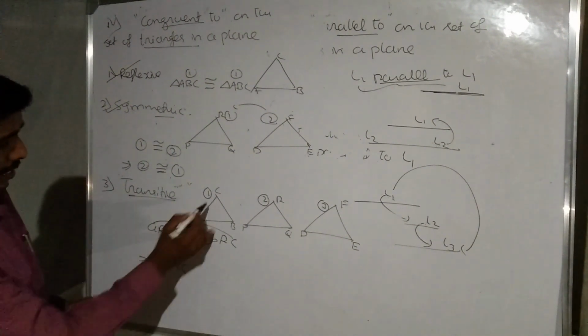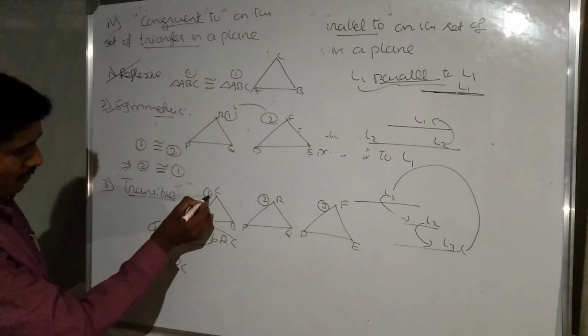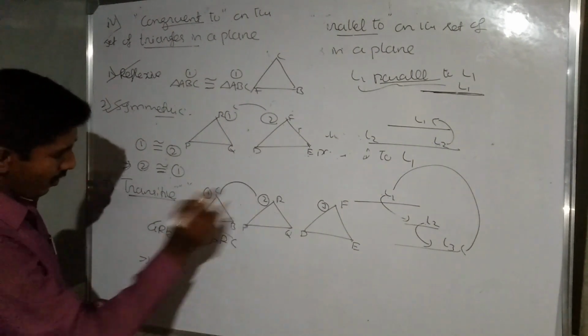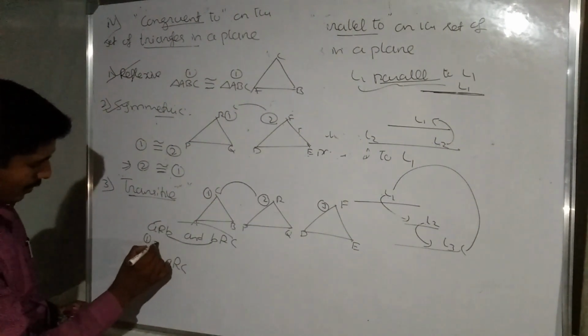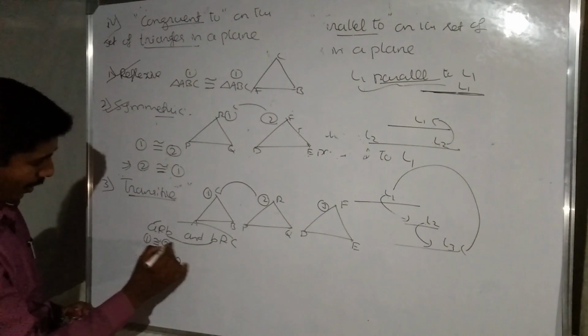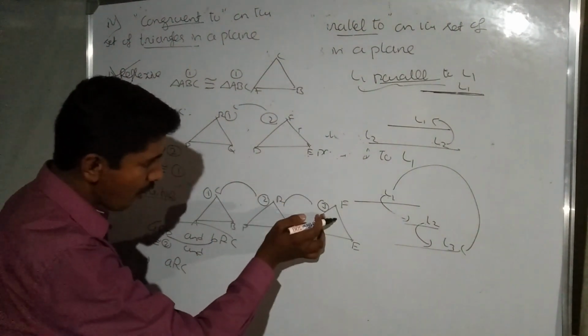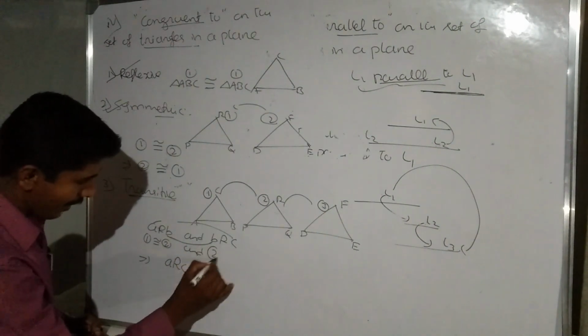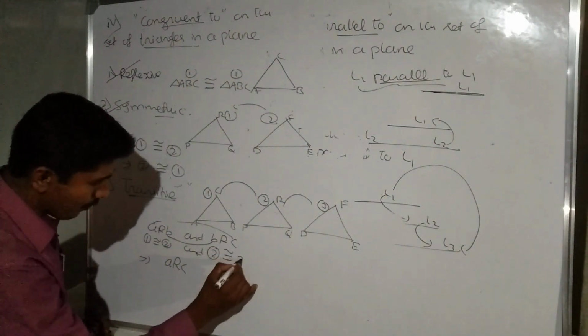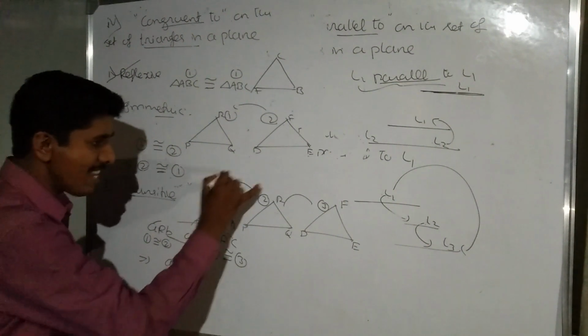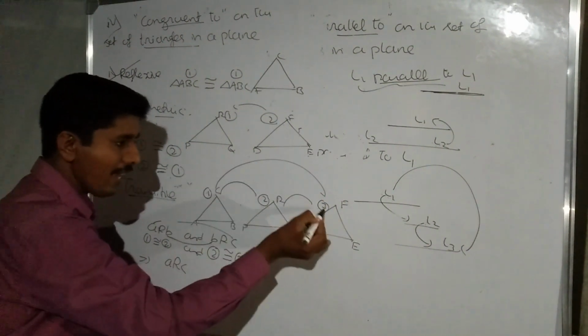Transitive. Here clearly observe. First triangle is congruent to second triangle, and second triangle is congruent to third triangle. Then what is the relation between first one and third one?